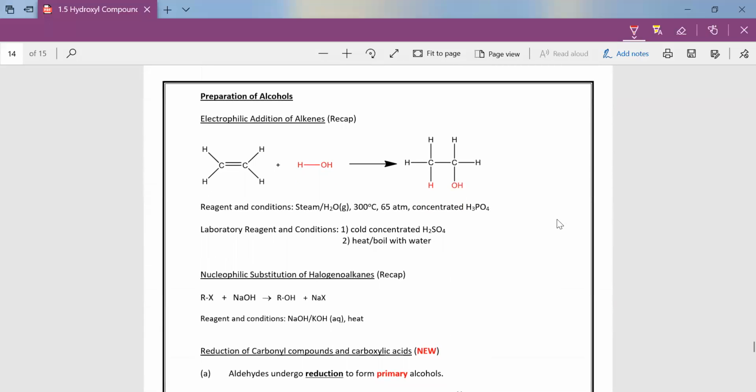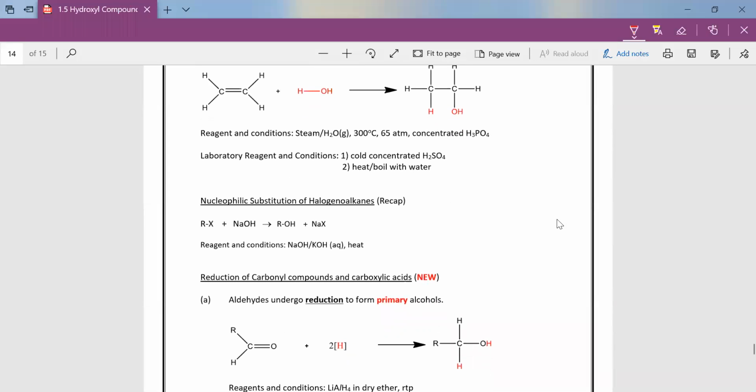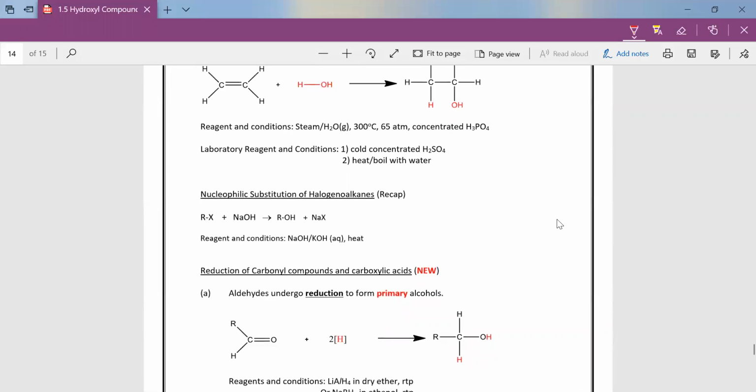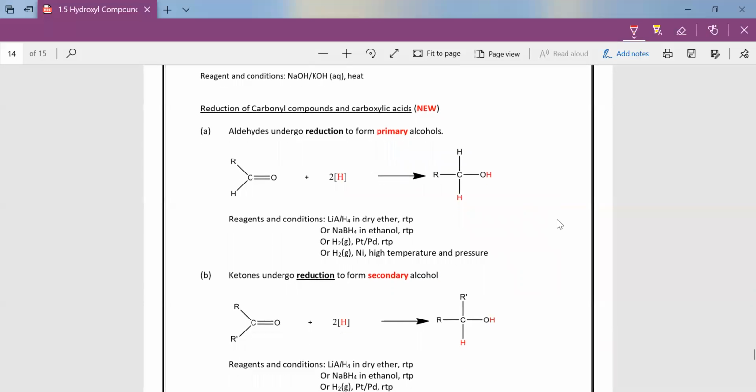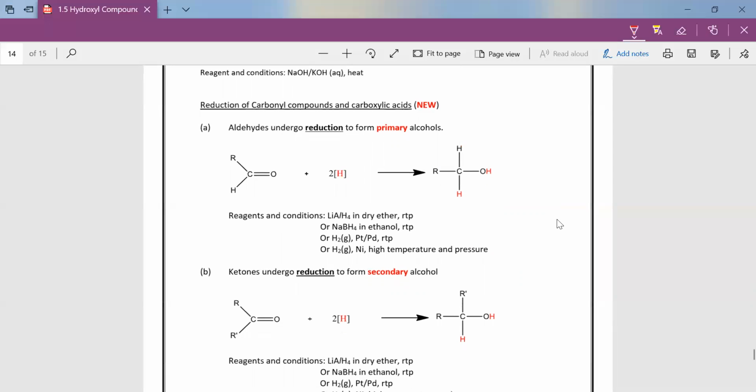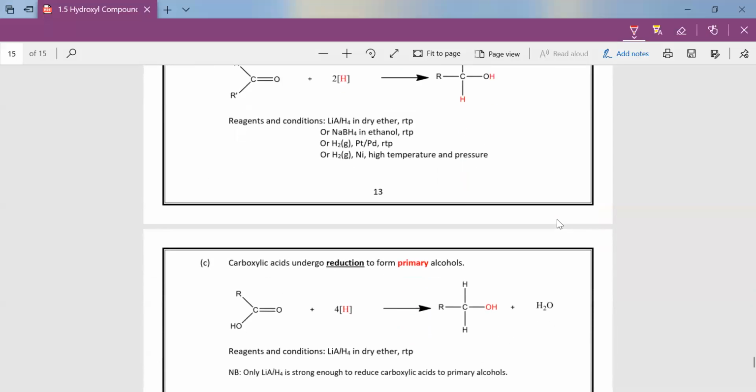Remember in our alkenes, we have looked at how you can add water across the C=C double bond, so much of this is actually recap work. For your carbonyl, they can also undergo reduction to form back your alcohol. Carbonyl will be the next chapter that we're going to.